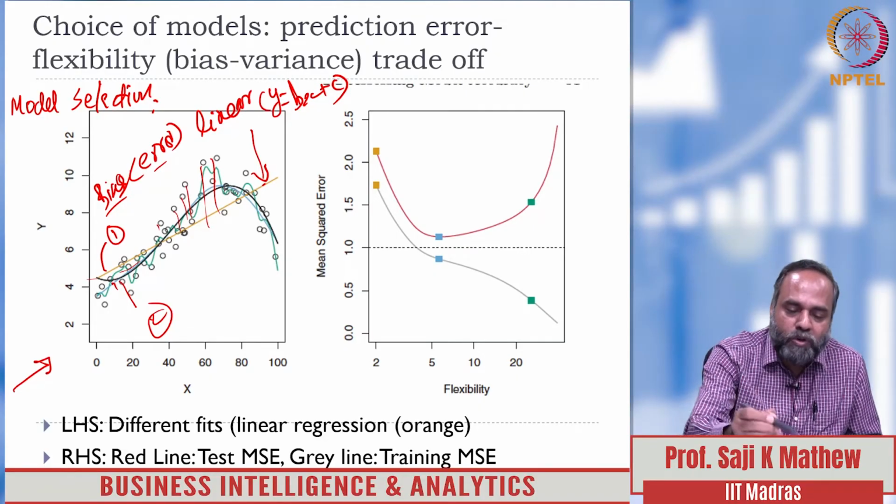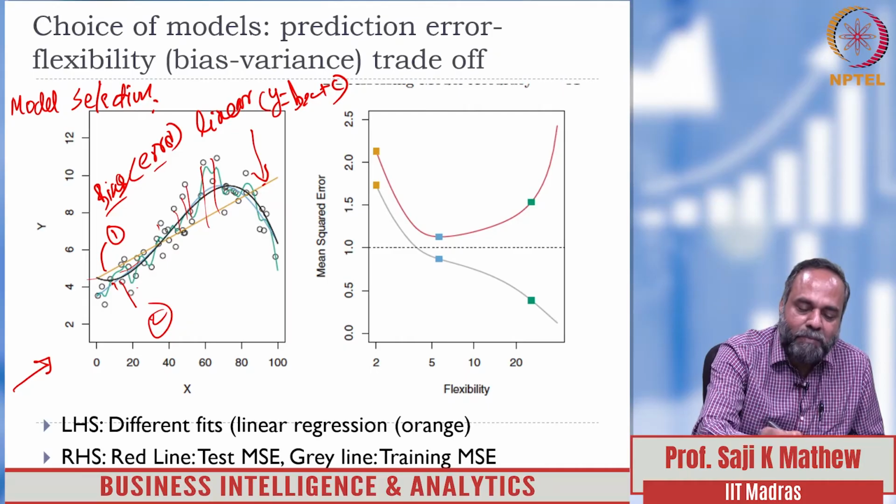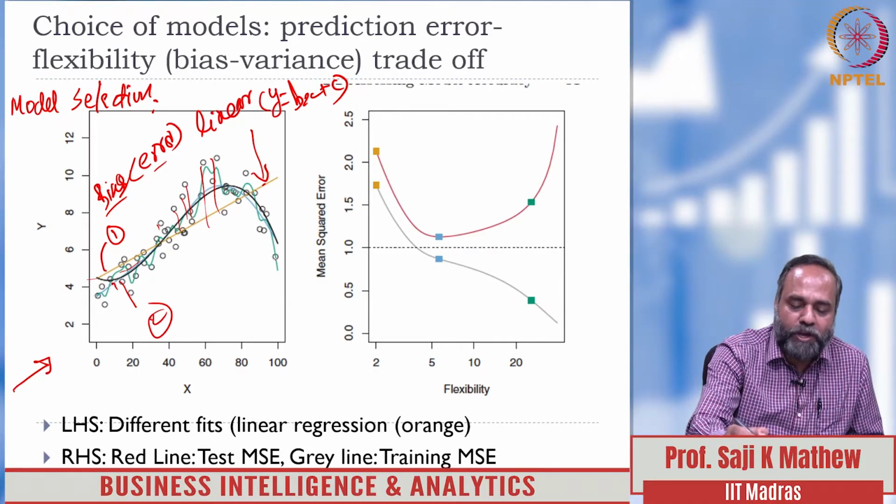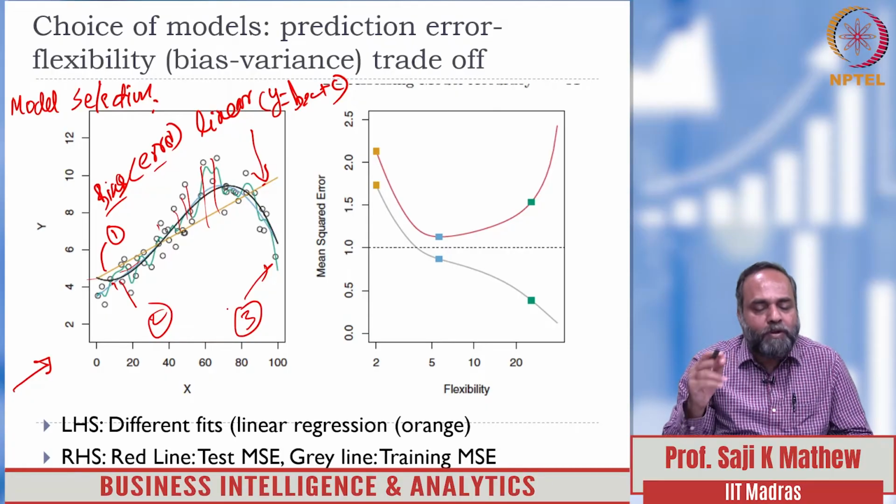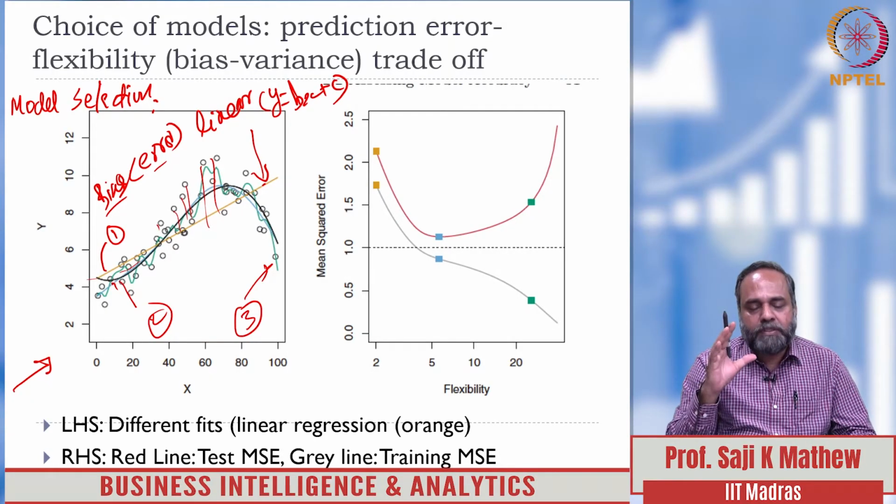You also look at the green line. Somebody has attempted a much more sophisticated model which passes through most of the points. This third model will have much lower bias in terms of the model building phase.